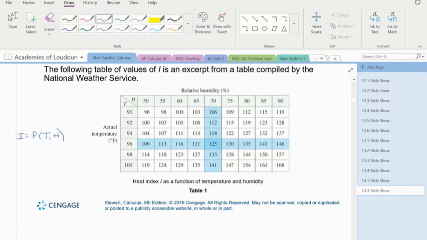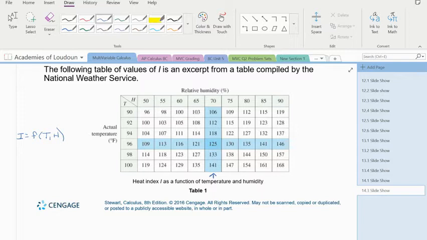Looking at this table, this is an excerpt of a table of values compiled by the National Weather Service. If we concentrate on the highlighted column of the table here, that corresponds to a relative humidity of H equal to 70%.